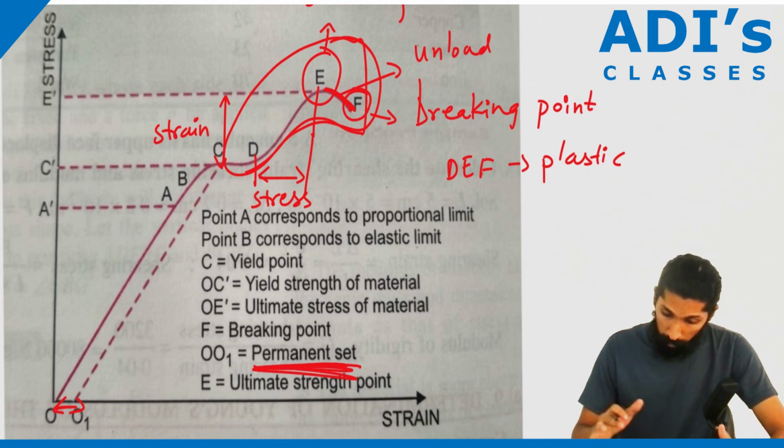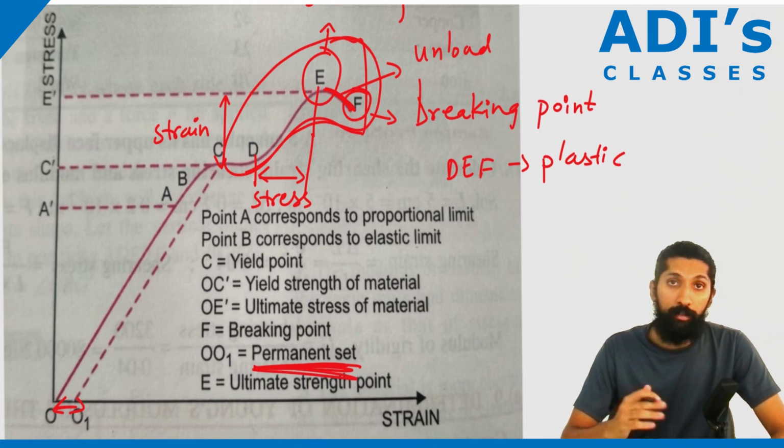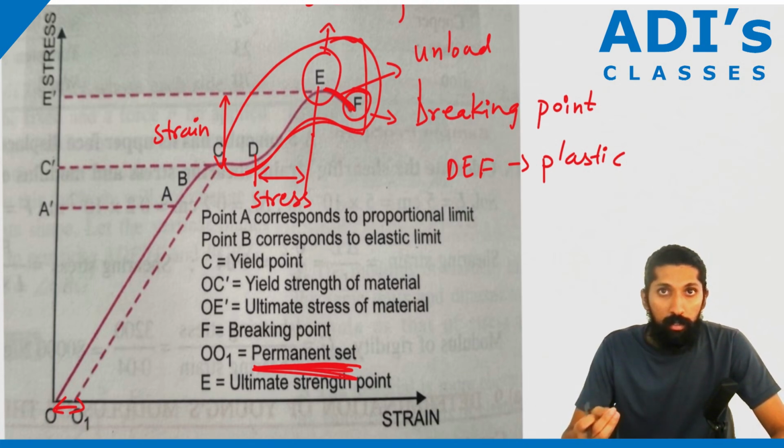Correct? Now, if you look at this particular graph, every point has a particular region, and every region is going to tell you certain properties as to how a spring or a wire behaves when a load is given to it.